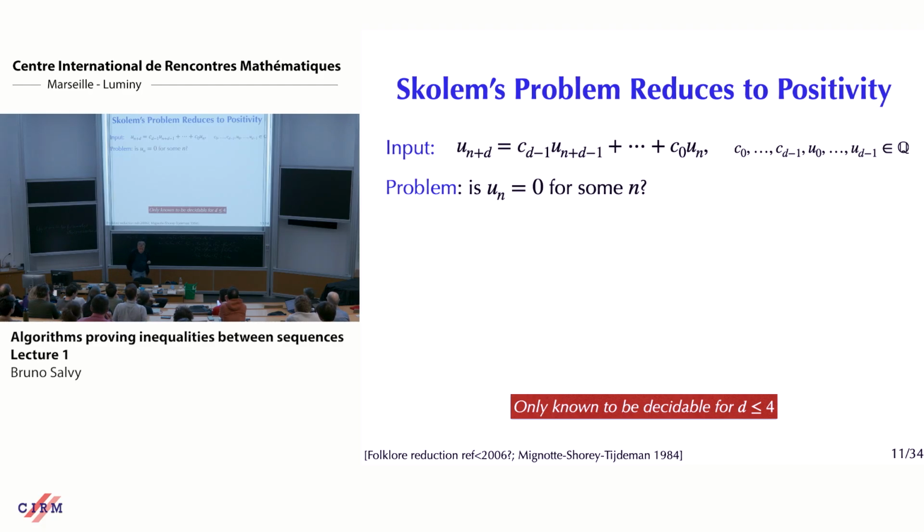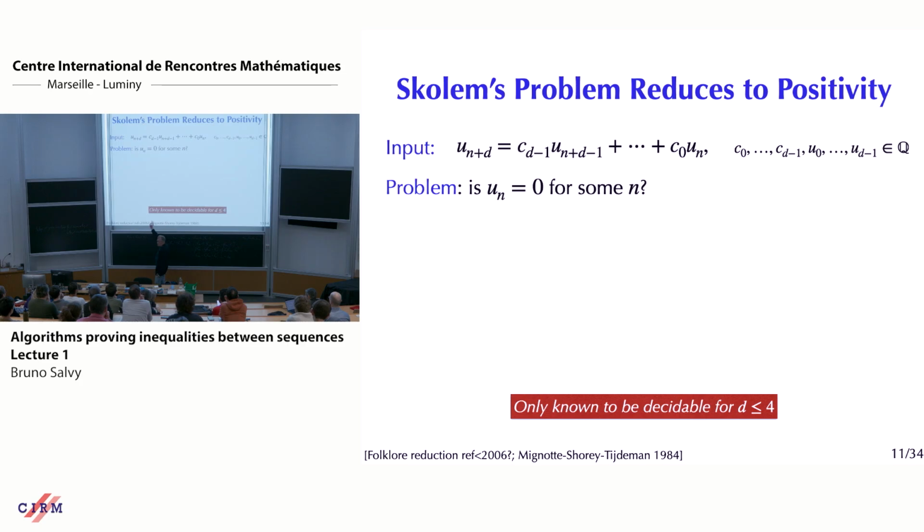You're given a linear recurrence with constant coefficients, and say the coefficients and the initial values are rational numbers. And the question is not positivity, is there a value of n where u_n equals 0? And as I write in the bottom, it's only known to be decidable when the order is at most 4. And that's a result by Mignotte and co-authors in '84.